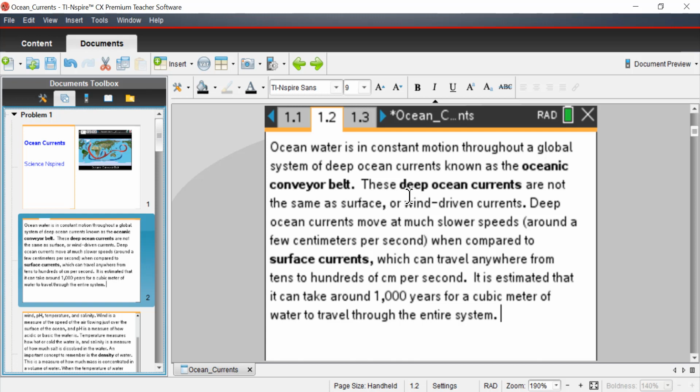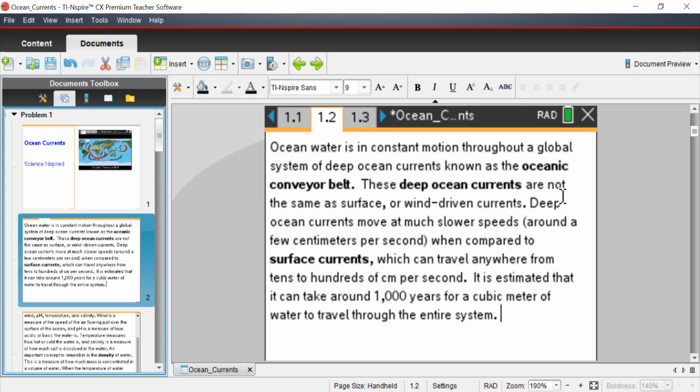Other folks, a captain of a ship or somebody out with a kayak, have to be aware of which direction the wind-driven currents are pushing or pulling them. So it's a constant sort of thing that happens.